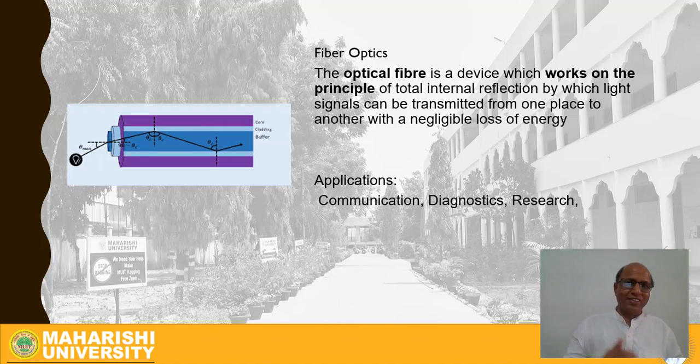So it can be used as an illuminator, or you can say that if you are going into the dark, and there is a very narrow space and you want to look from a different position, then you can allow the optical fiber to move into that dark tunnel, and if there is a camera which is locating the movement of the optical fiber, wherever the illumination is there, you will be able to see the details of that illuminated part through the camera system, which is put at the beginning of the optical fiber.